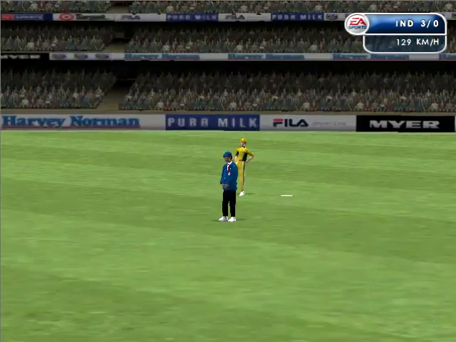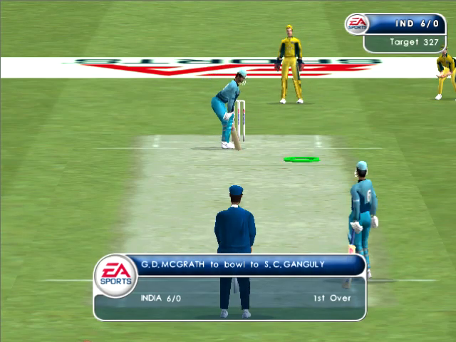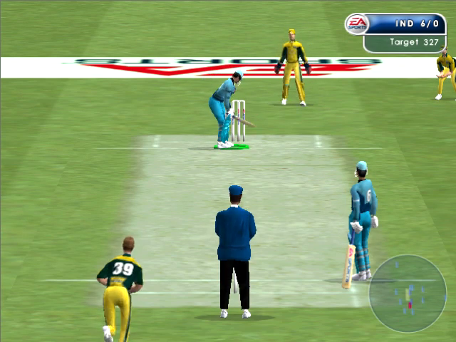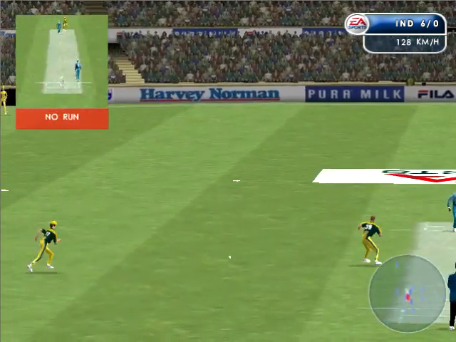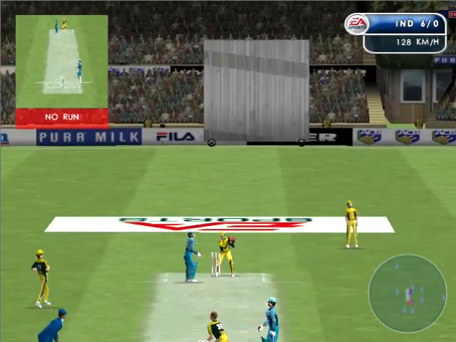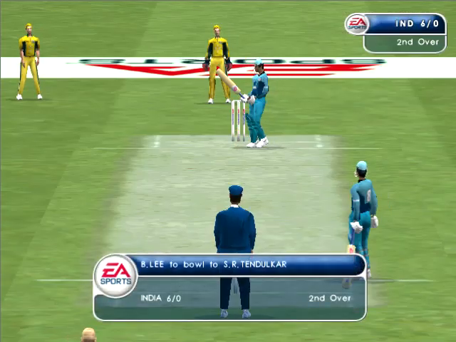I think he was easily back in the crease there. 49 overs are left in the innings.